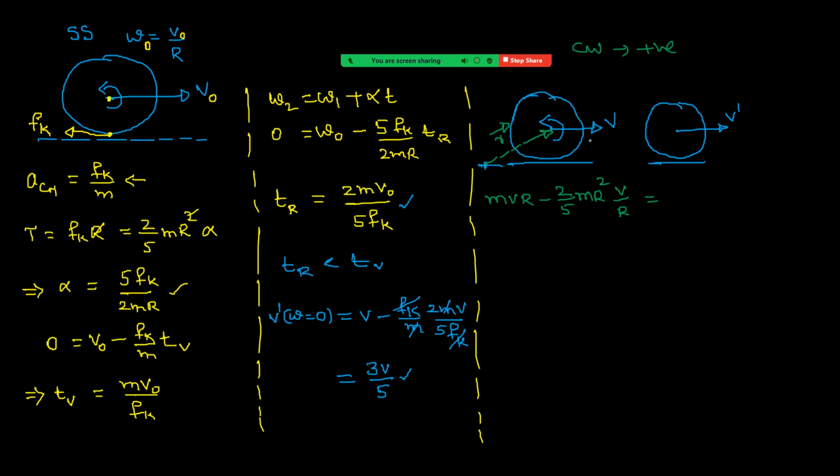Again R bar like this, P bar like this, and because of translation it is clockwise, so m v dash R. We can cancel m R square. Remaining v minus 2v by 5, that means v dash is equal to 3v by 5. So directly in one single step.